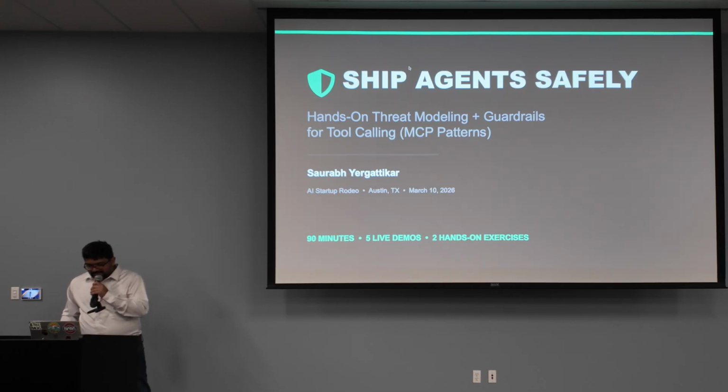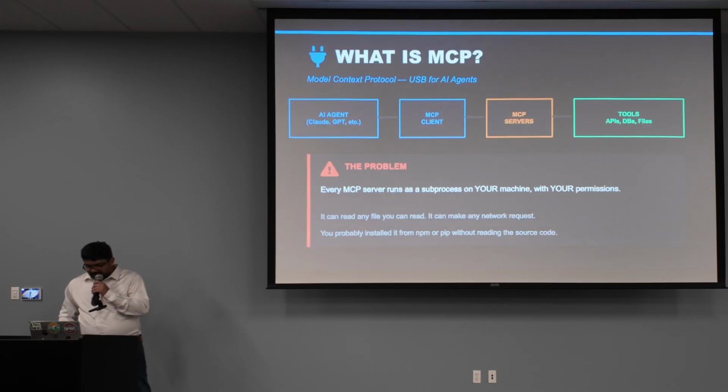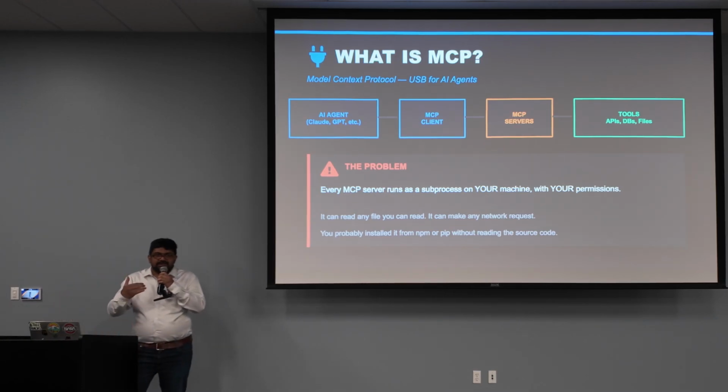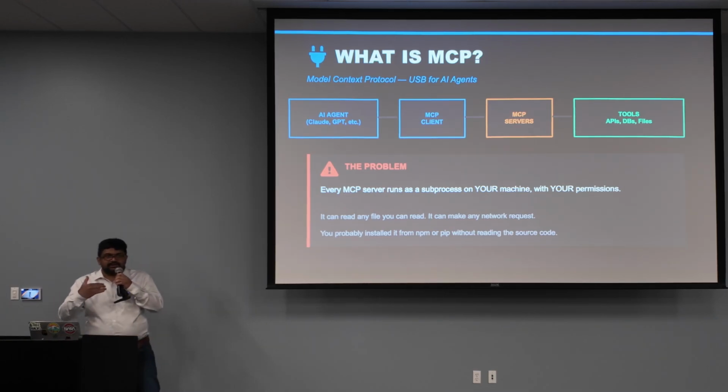We'll look at the MCP architecture again, and later we'll go through five demos. The QR you just clicked has a document containing the threat model for different sample MCP servers, and the guardrails we'll be filling in during this workshop.